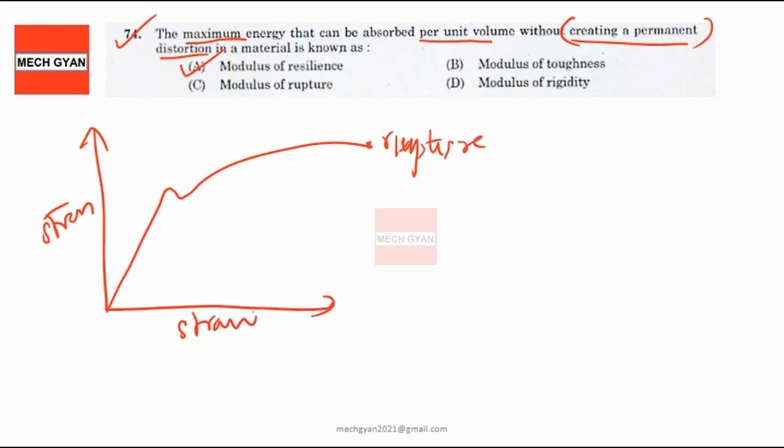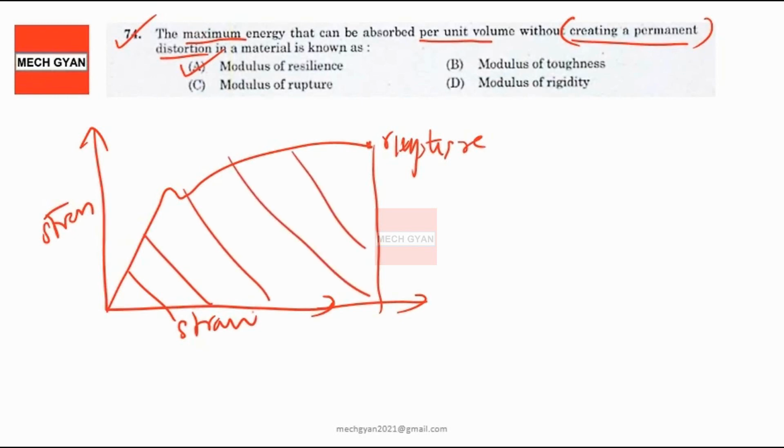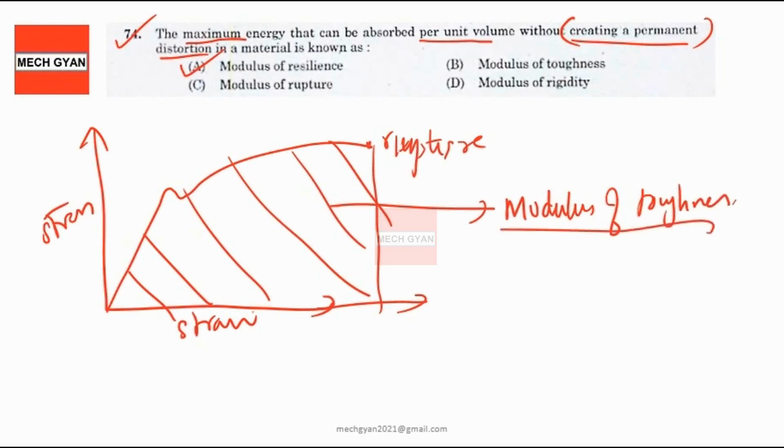The area under the stress strain curve up to rupture is called modulus of toughness. So modulus of toughness is up to rupture. Rupture means it creates a permanent deformation.